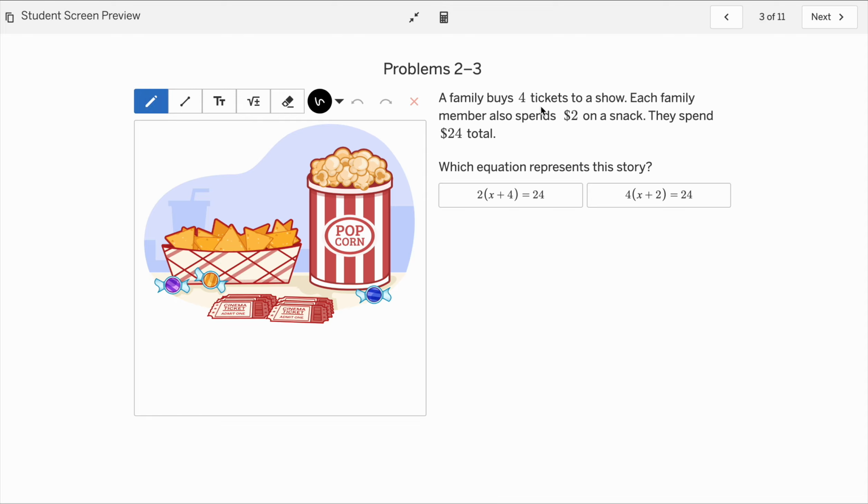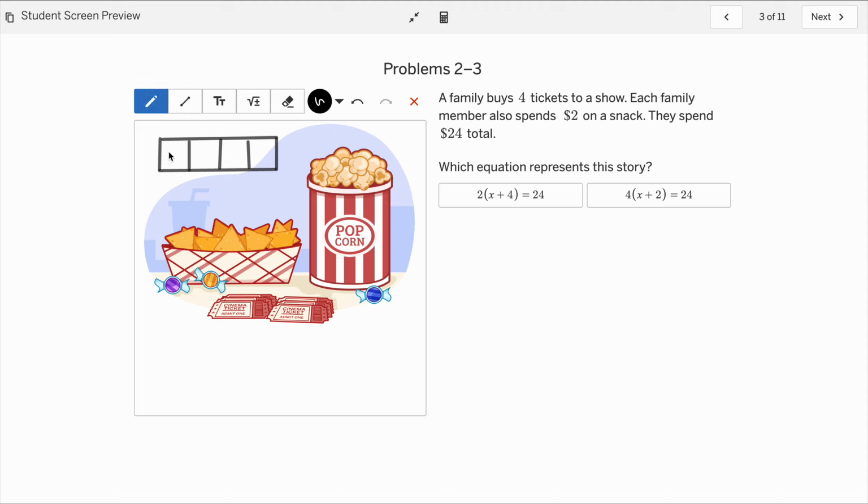Well, if I were to draw out a diagram, I would see, oh, well, a family buys 4 tickets. Okay, hold on. I'm going to try to make this better. 1, 2, 3, 4.